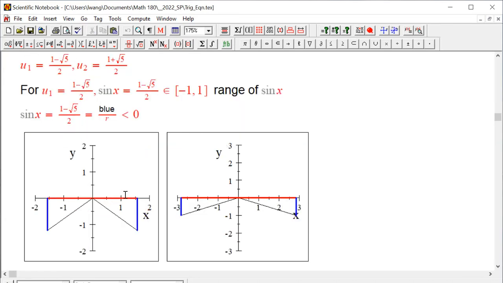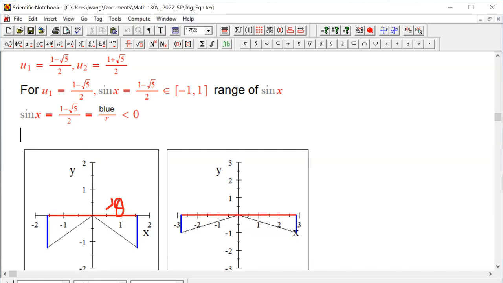So we're gonna assume this angle is theta, and this angle is in the range of arc sine. So what we do here is we introduce that angle, right? So theta equals arc sine of this number.